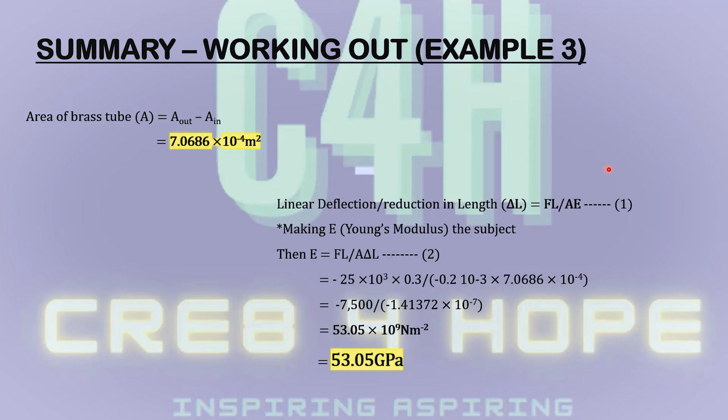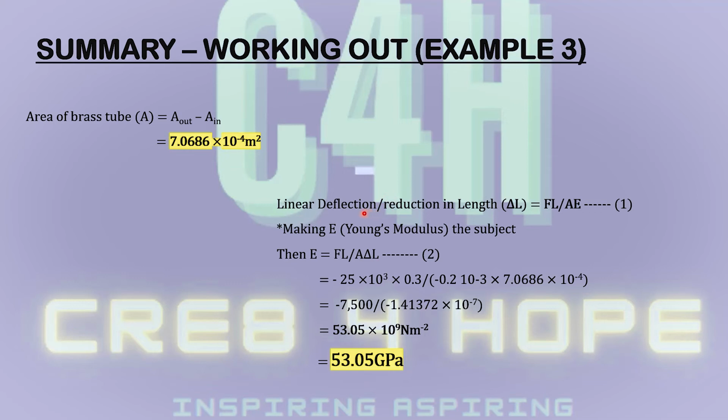Alternatively, we can use the axial deflection formula. Again, we don't need to calculate the area because we worked out the area to be 7.0686 times 10 to the power minus 4 meters squared.